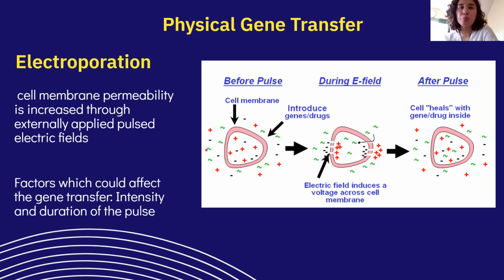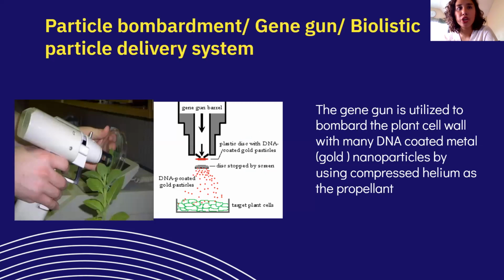Okay, sabihin natin super coiled na plasmid. So, through an electric field, yan, the cell membrane becomes more permeable to the entry of your gene. Yan. So, dapat low, weak, at saka prolong yung electric pulse para makapasok yung foreign DNA sa cell. Yan. So, first is electroporation.